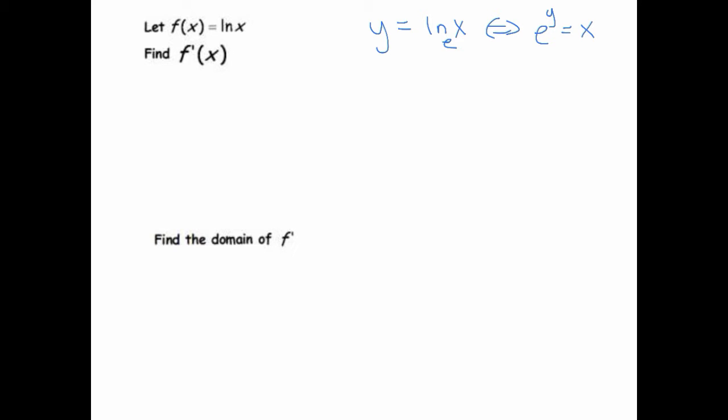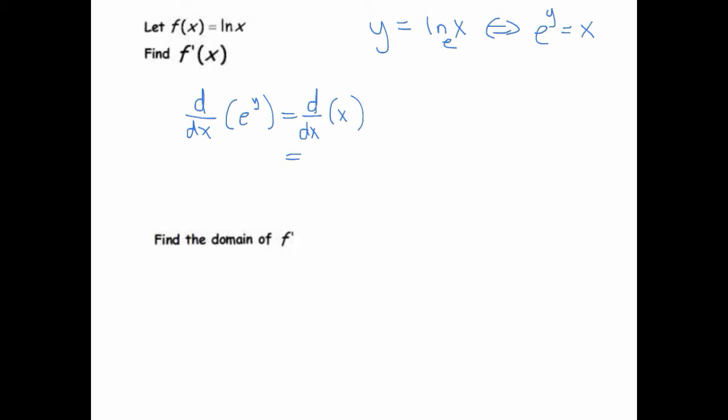The reason I'm doing that is because I have a technique called implicit differentiation, which will allow me to find dy dx in this problem. Remember, we're trying to find dy dx. So the derivative of e to the y equals the derivative of x.